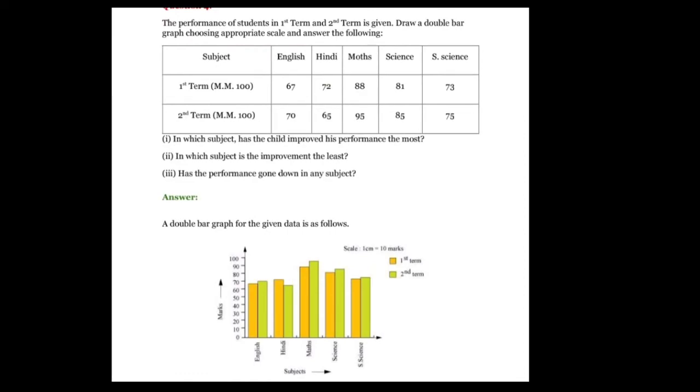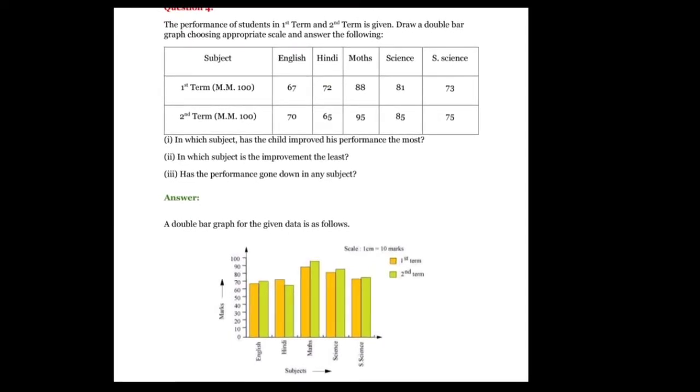So first term and second term, English subject marks are 67 and 70, then Hindi 72 and 65, Maths 88 and 95, Science 81 and 85 in the second term, and Social Science is 73 and 75.